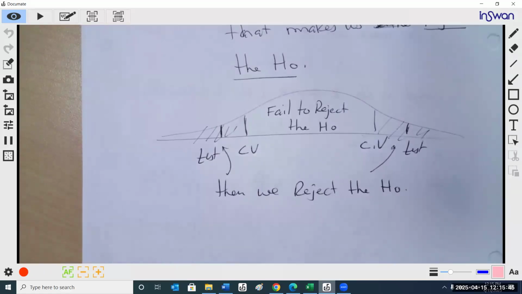How do you determine whether it's a one tail or a two tail test? If it's a right tail or a left tail? It is the inequality sign, but of which one?